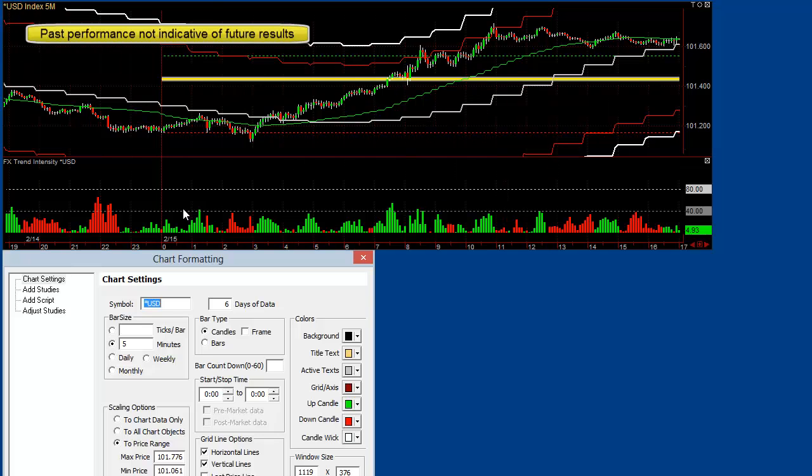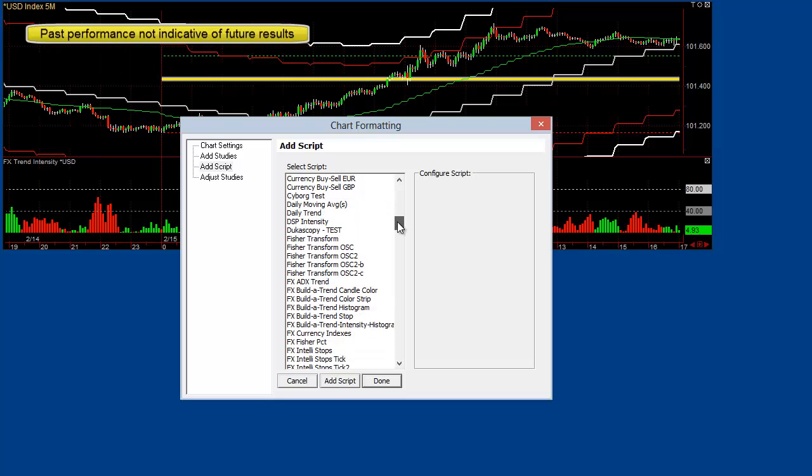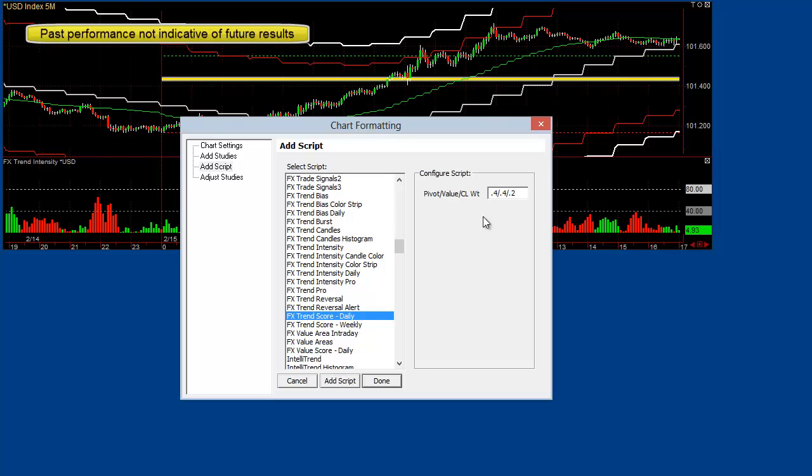Then you right-click on it, and these are 2 new indicators I've come up with, which are very similar to the pivot score daily and weekly, although it uses 3 different methods for measuring this trend for daily and weekly. We don't have monthly for various reasons. And as you can see on here, you can weight each one.